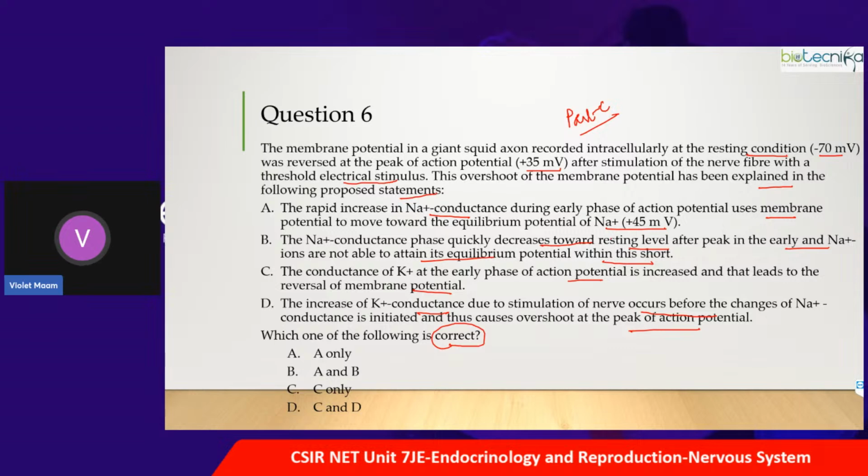Nobody is able to solve. Okay, Vanishri has tried. Try again. That is correct, but one more is there. Okay, Vanishri.